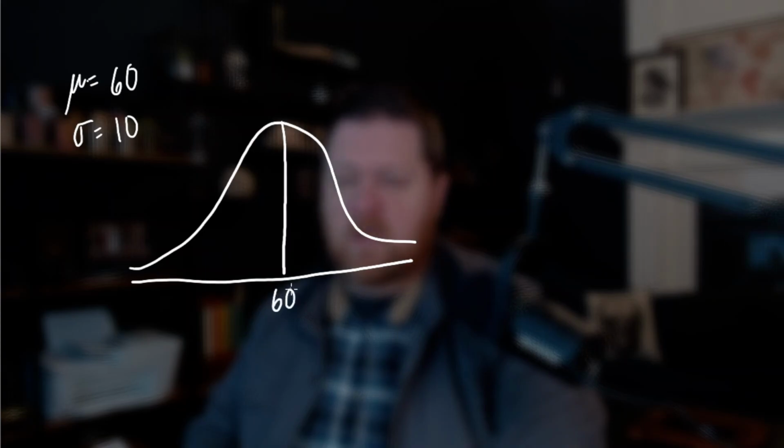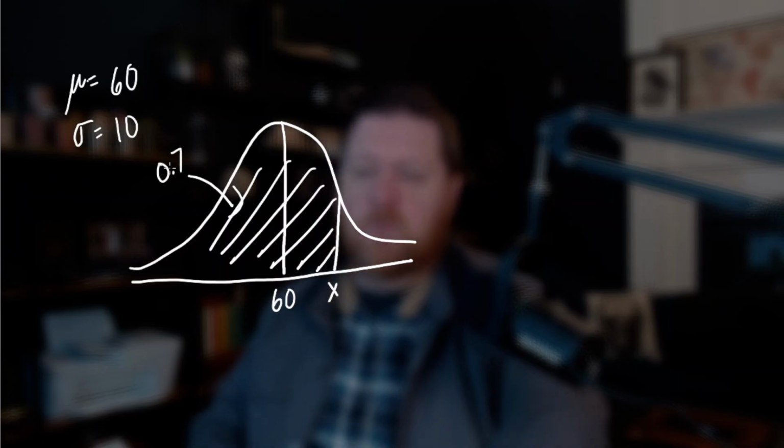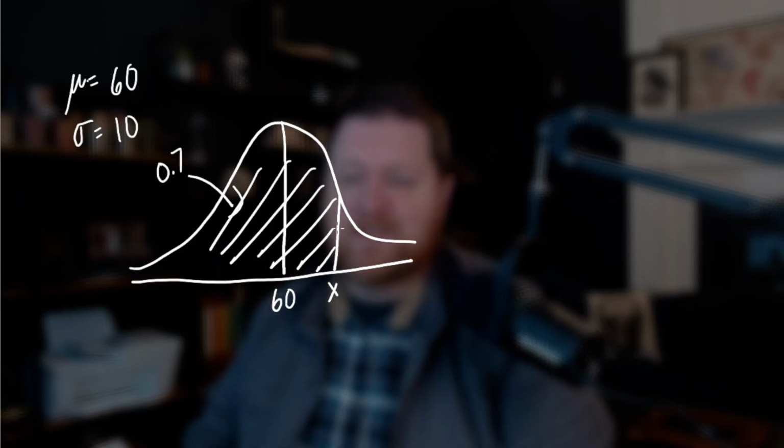Mean is 60. And we want to find the x value where the area to the left, that area there, is 70%. So we want to find the cutoff such that 70% of flights fly that distance or less. Okay?